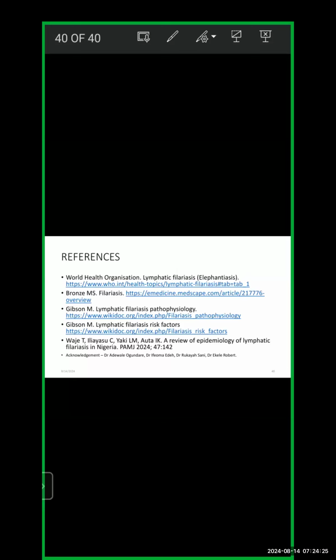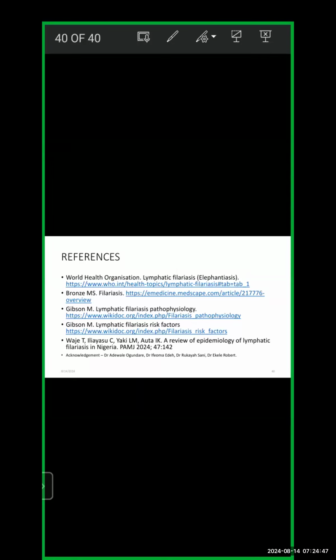One of the investigations is ultrasound scan or lymphoscintigraphy. Is there a role of surgery in the treatment? Yes, I think I pointed that out. You can do surgery especially to correct a large hydrocele or scrotal lymphedema.